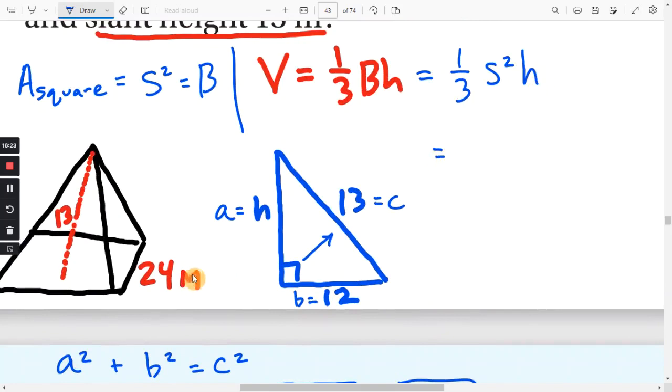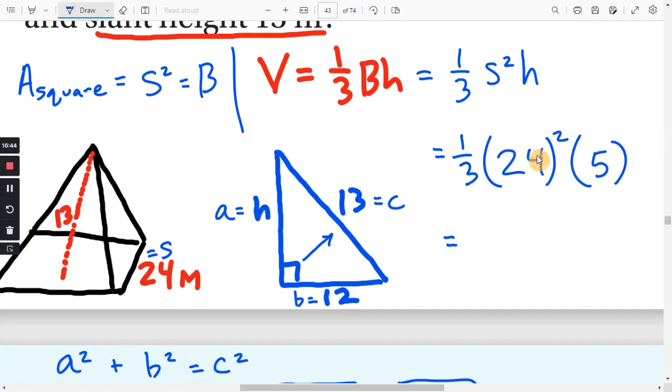All right, so s is the side length of the square base. That's 24. So we have 1/3. And the side length of the base is 24. That gets squared. The height we just found to be 5.